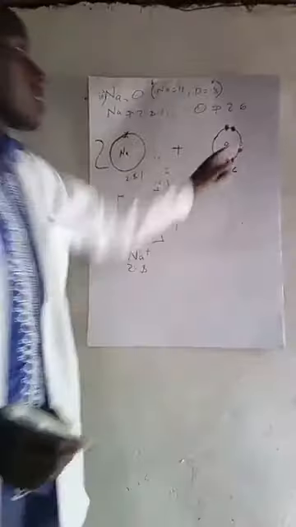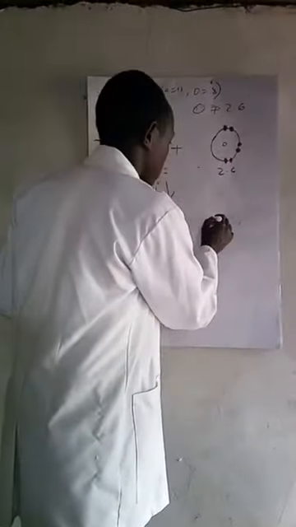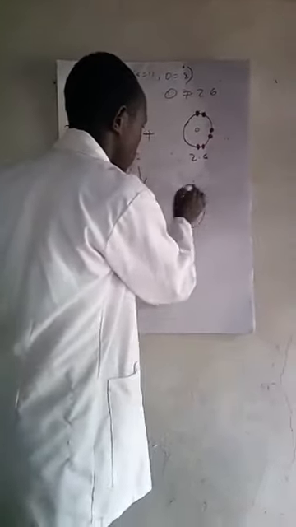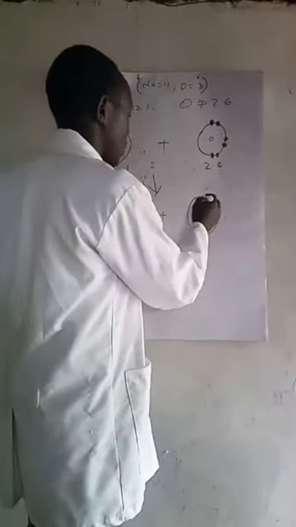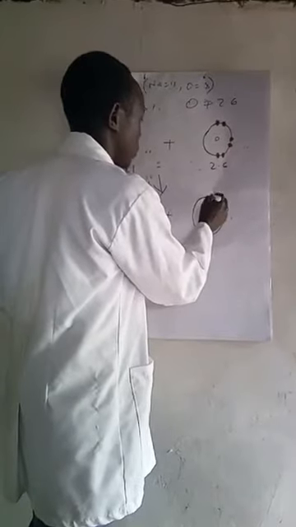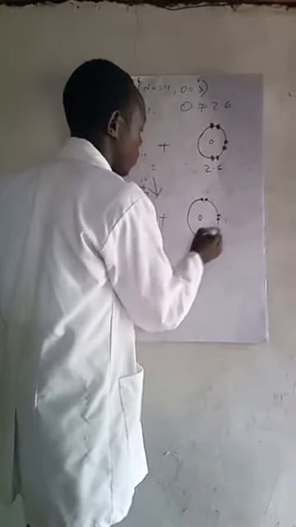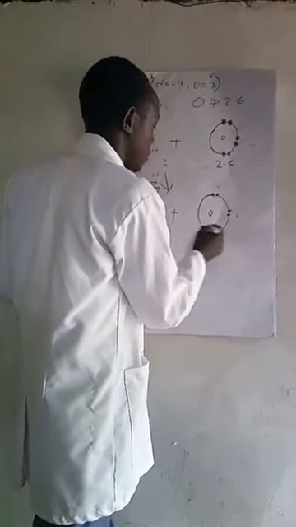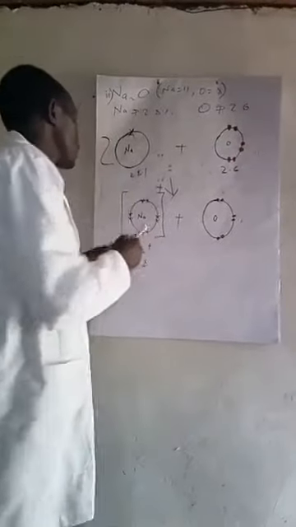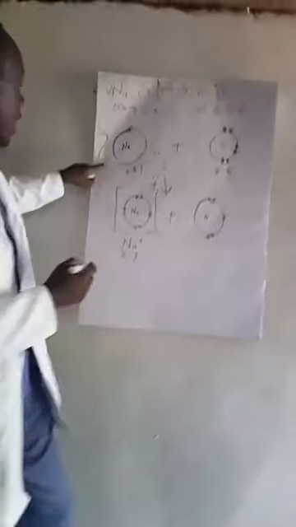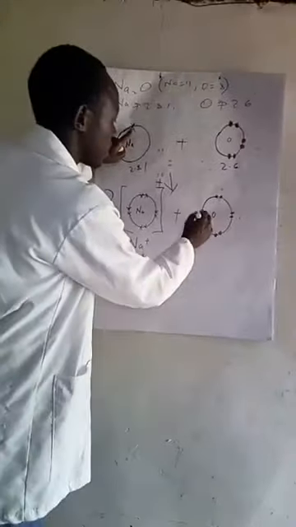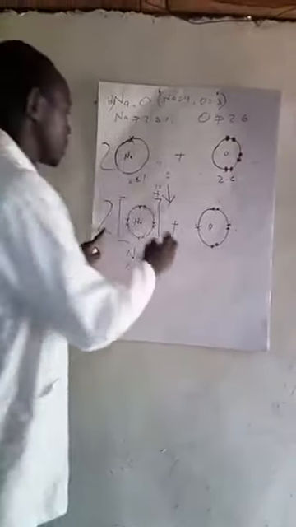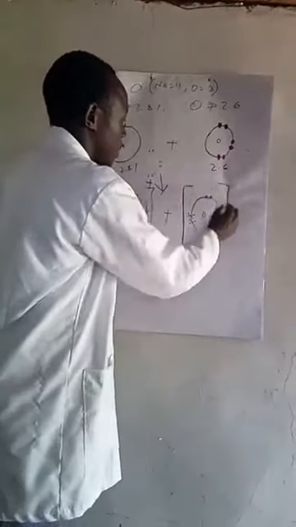Plus oxygen. Oxygen gains 2, so you have 1, 2, 3, 4, 5, 6, and then for the 2 sodiums, 1 sodium gives 1 X, the other sodium gives another X, and then you enclose with a square bracket.